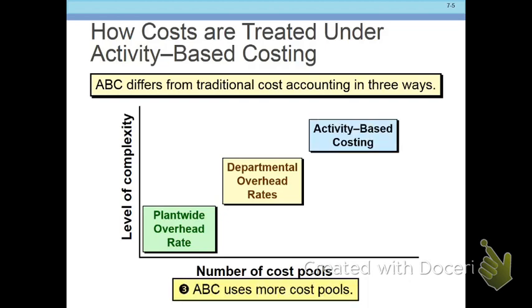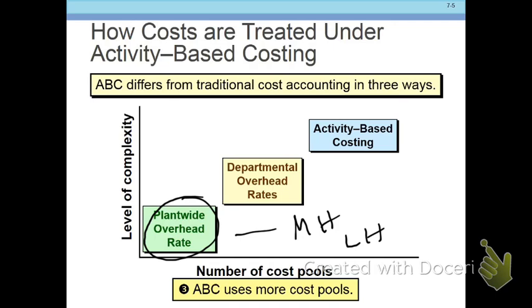And it's also going to use a lot of different cost pools. If you go back and look at what we did in chapters 3 and 4, we had overhead rates where we had one rate, determined perhaps based upon manufacturing hours, labor hours or a labor rate.